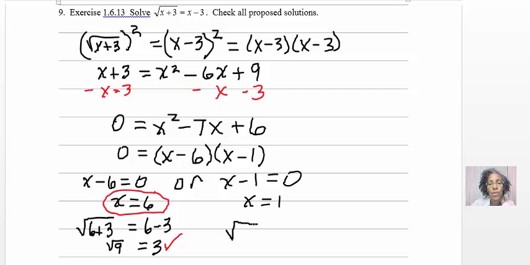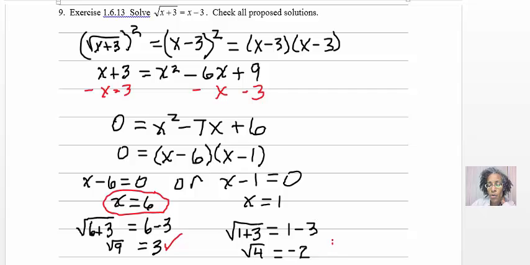Is the square root of 1 plus 3 equal to 1 minus 3? Is the square root of 4 equal to minus 2?